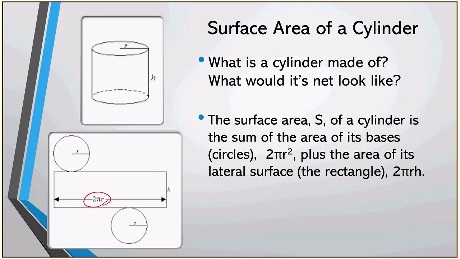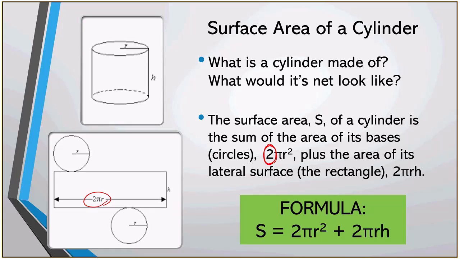So it's going to be, again, a bunch of areas added together. That's what surface area is. It's the area of all of the surfaces. So a cylinder is two circles and one rectangle. The rectangle is going to be 2 pi r times h, and the circles are going to be pi r squared, but there are two circles. So that's where that comes from.